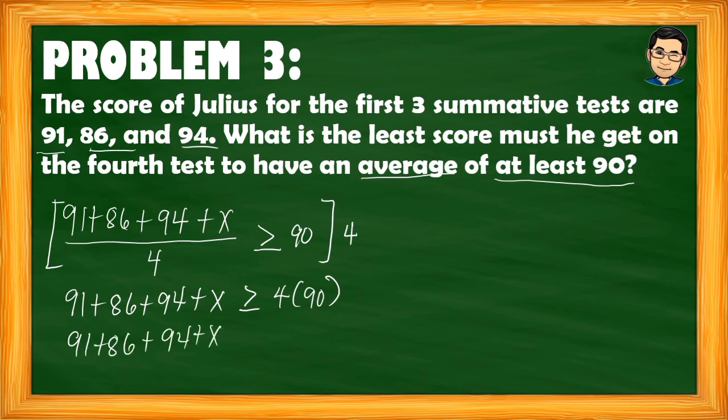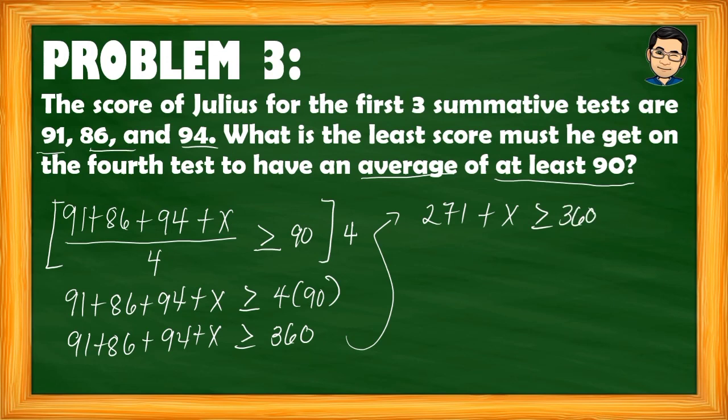I-multiply natin yung 4 sa 90 and that is 360. And then, i-add natin yung 91, 86, 94. So, 91 plus 86 is 177. Plus 94, that is 271. Plus x is greater than or equal to 360.